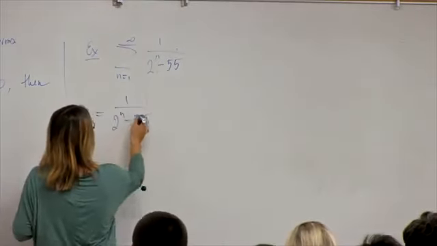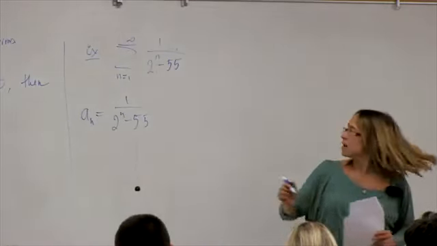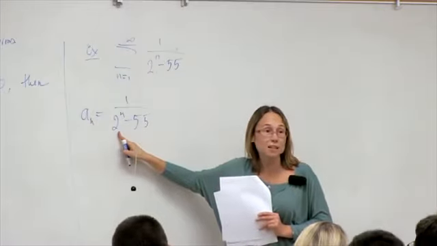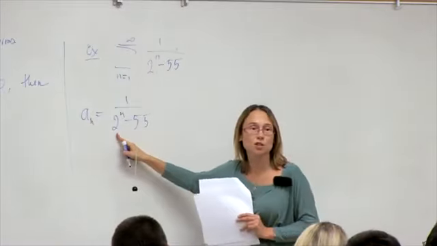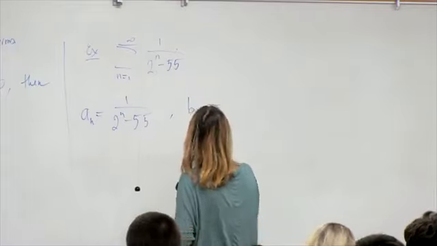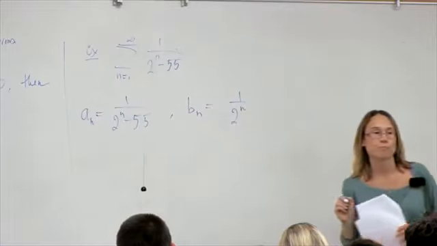Okay, so starting from some finite n, all the terms are positive, and so in our notation, this is the unknown sequence. What is the sequence that I want to compare it with? I see that we have a constant here, but we have 2 to the n. And that's a good one, because this is a geometric series. So we want to compare it with the sequence bn, 1 over 2 to the n.